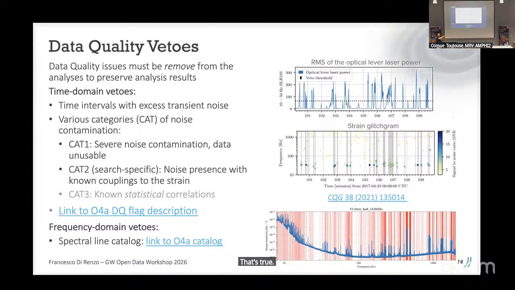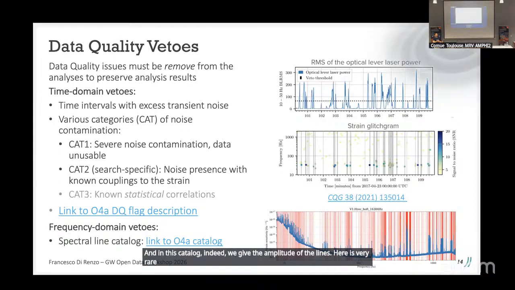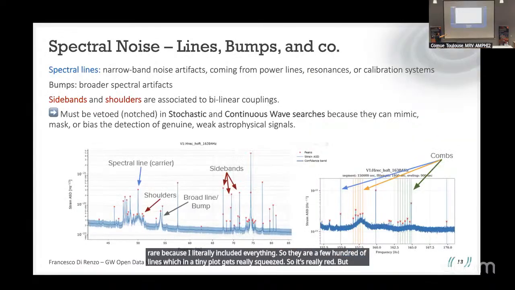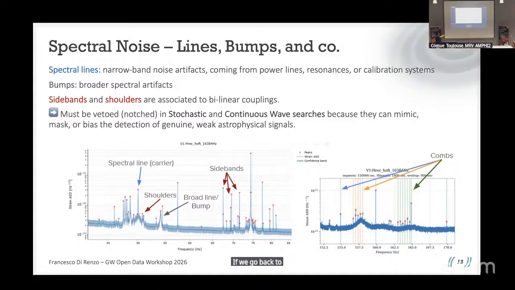In this catalog, indeed, we give the amplitude of the lines. Here it is very red because I literally included everything. There are a few hundred lines, which in a tiny plot get really squeezed. But if we go back to here, these are like 40 hertz of frequency in this plot, from 30 to 85, and there are probably 20 lines, but they are really small.